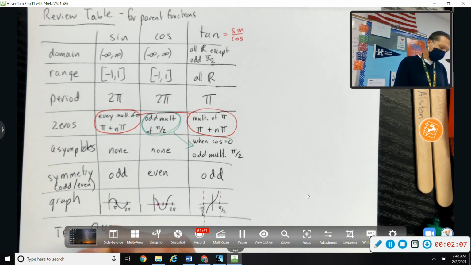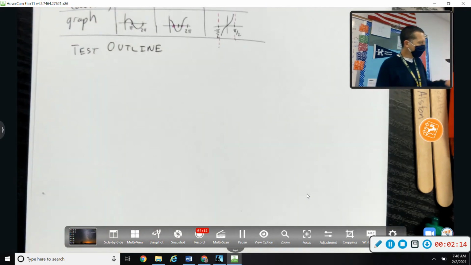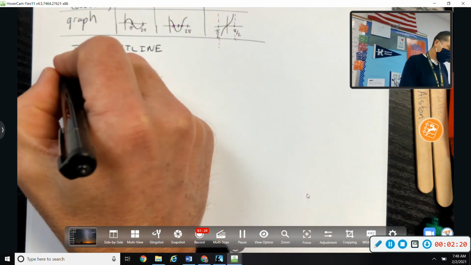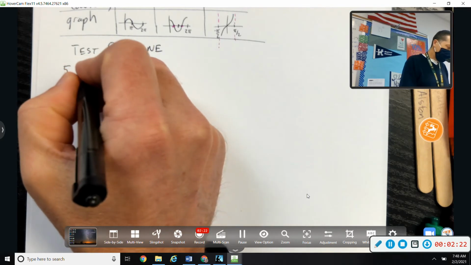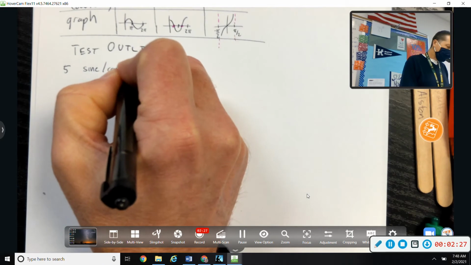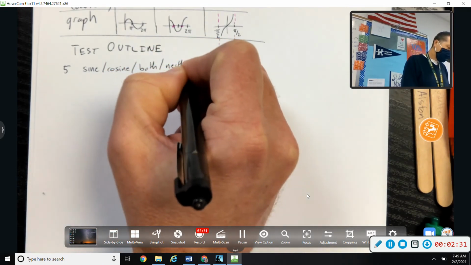In fact, let's just talk about the test outline here while we're here. So there are 5 questions where your answer is sine, cosine, both, or neither.